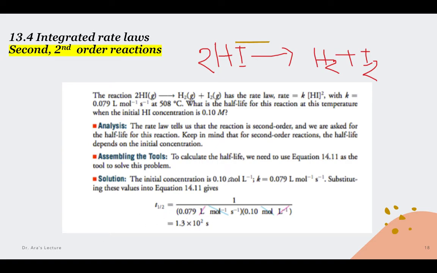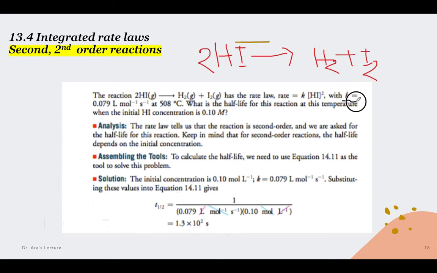The initial concentration we have is 0.1 mole per liter, we have the k value, and we need to substitute all the values here.